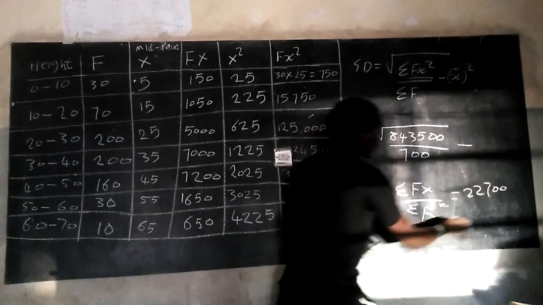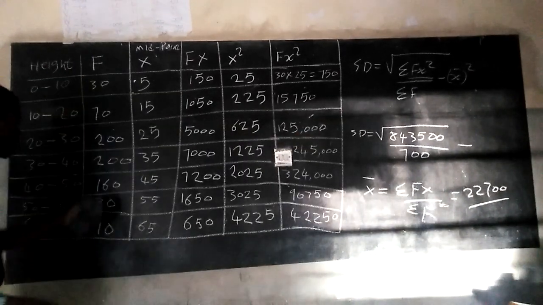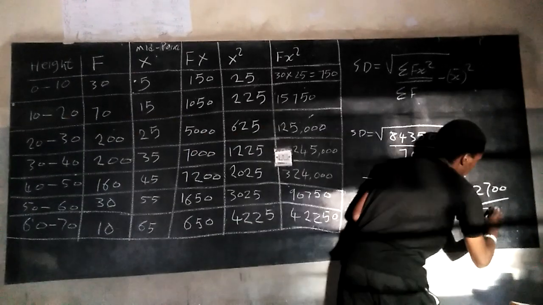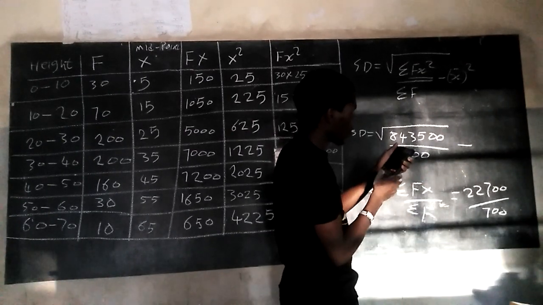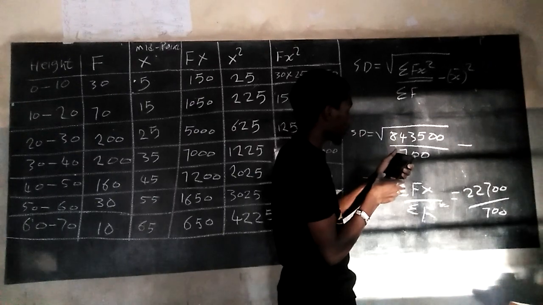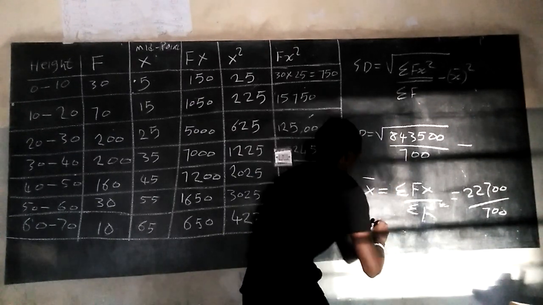Over what? The frequency. What's our frequency here? Our frequency was found to be 700. So now we divide, 22,700 divided by 700. We are coming up with 32.4.